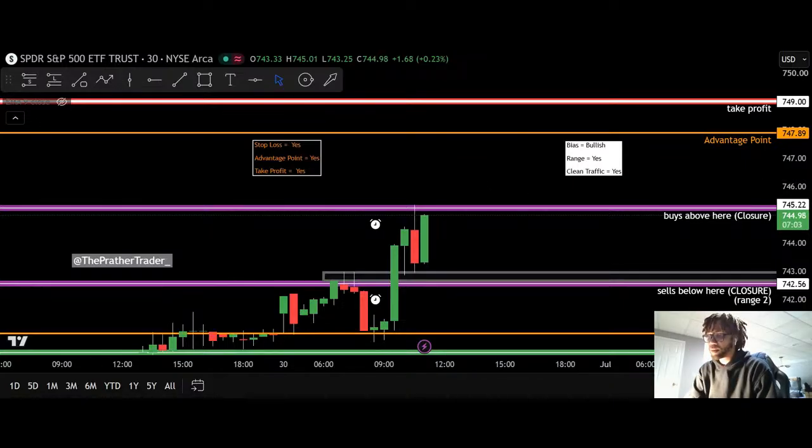Let's see if the volume picked up. We got about 14 million people trading the SPY. The VIX is trading around 16.93, about 17. Let's see. Okay.